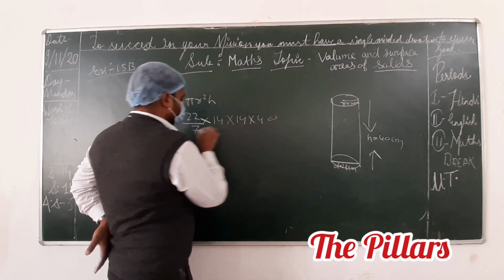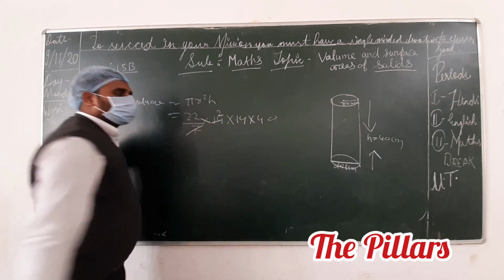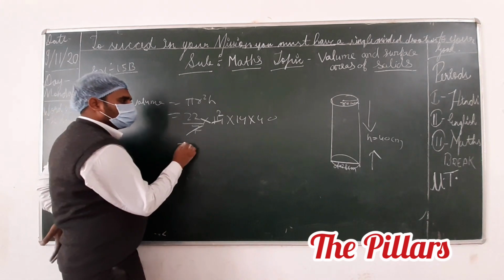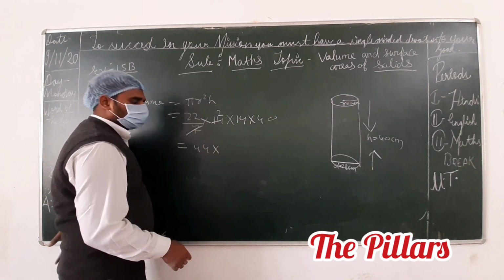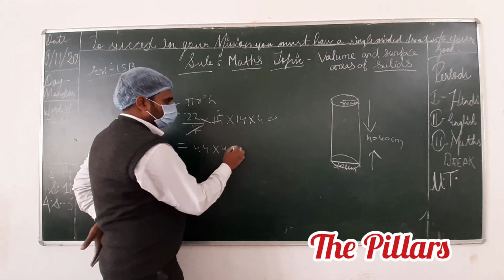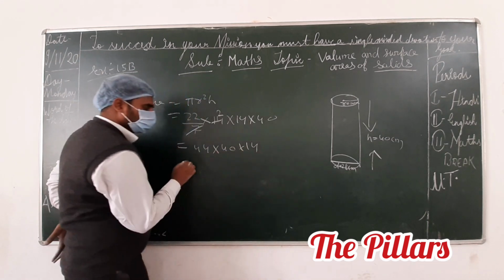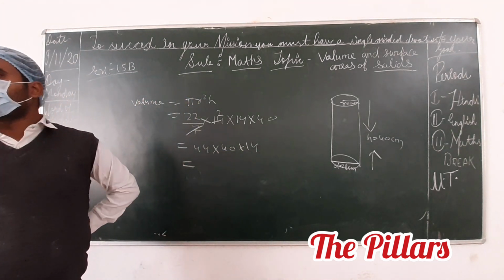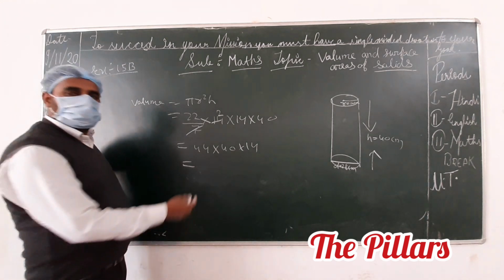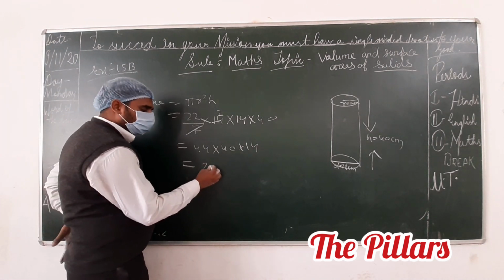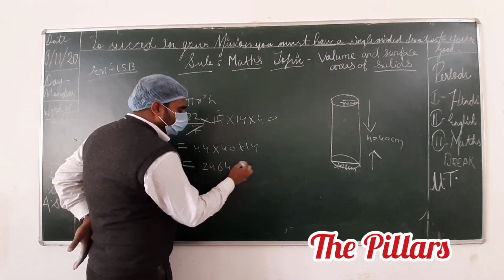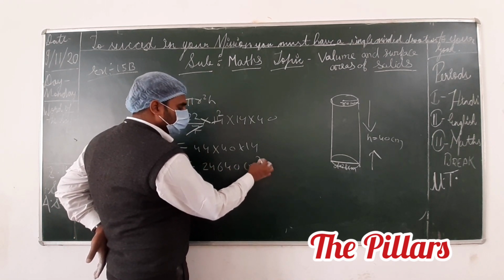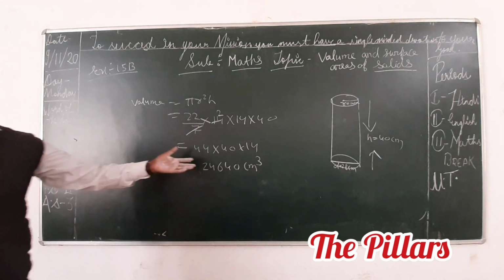You see that 7 twos are 14, 22 twos are 44. 44 into 4. See that? 4928. Total will be 24640 centimeter cube. This is the volume.